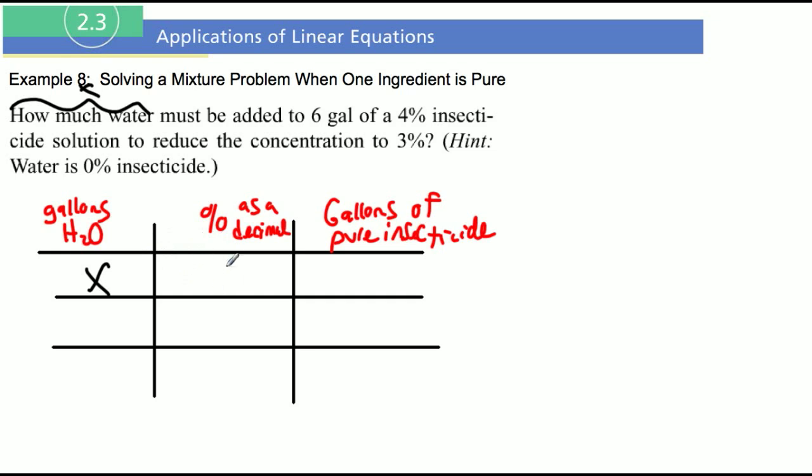So they don't tell us what the percentage is here. So how much water should be added to a 6 gallon? So we're going to add it to, here's our new one right here, 6 gallons. I know this is really weird right now. This is a little different from the last one.